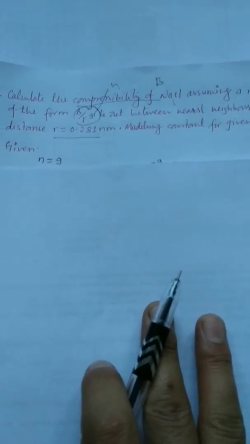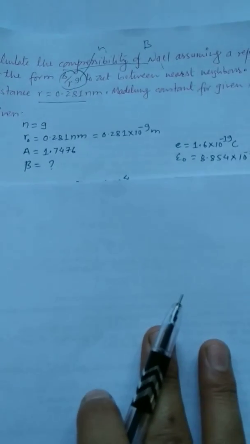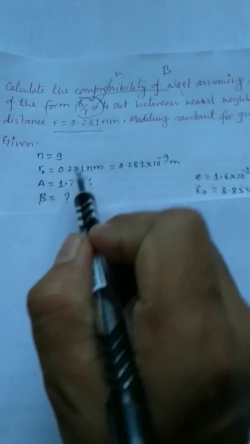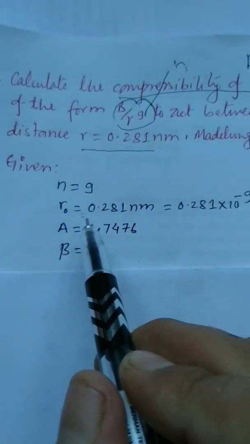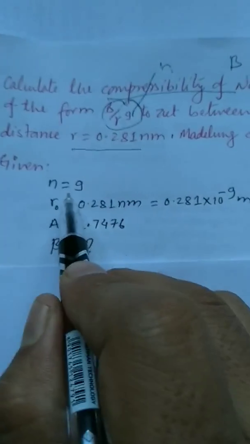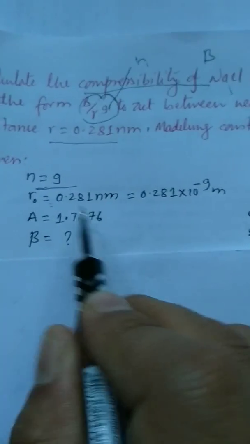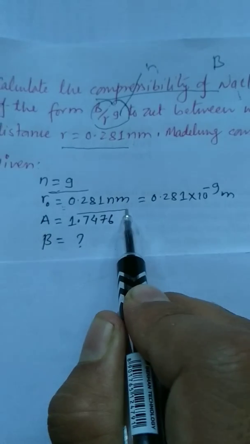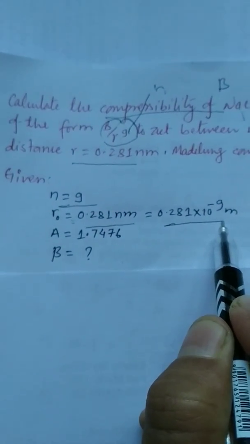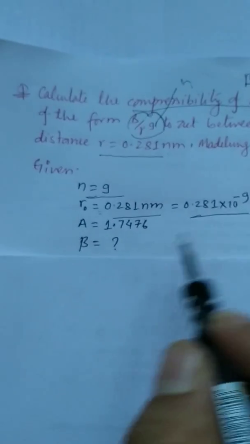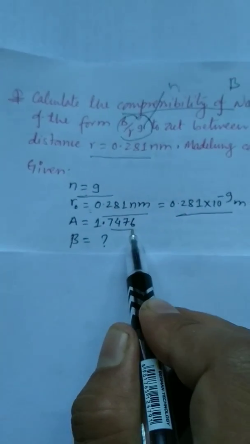Now we can rearrange these things in this way. Value of n is equal to 9, so this is value of n, the Born exponent, and the value of r is equal to 0.281 multiplied by 10 to the power minus 9 meter, and this is Madelung constant.